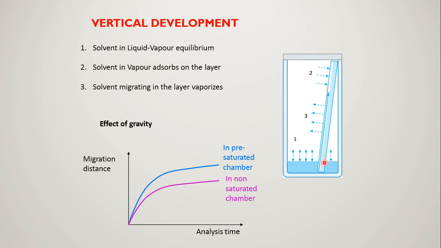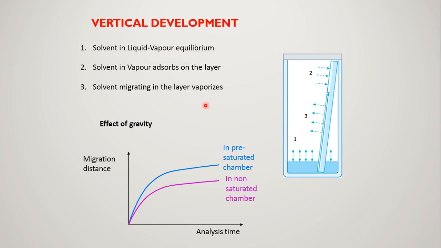This is the vertical development where the solvent is going in an upward direction on this TLC plate due to capillary action. Suppose this complete developing chamber is saturated with solvent vapors, then we can see an equilibrium between solvent in liquid and solvent in vapor phase.